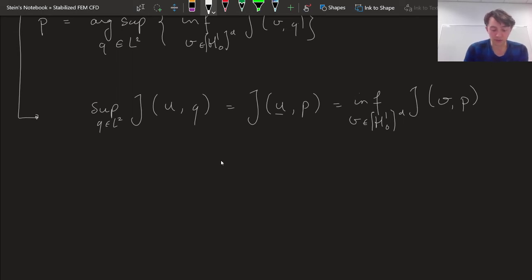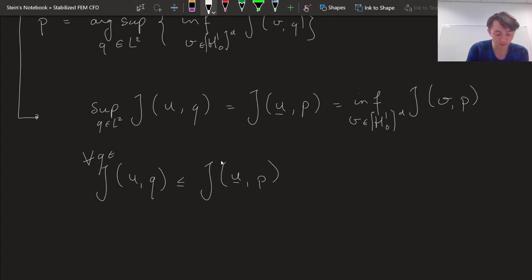And this one is pretty straightforward to rewrite. Where I have my middle statement J(u, p), if the supremum over all possible functions q is equal to that, that means that any other choice is going to be smaller than or equal to that, for all q. Similarly on the right, if the minimum value over all possible functions v is equal to this statement, then any other choice of v is going to be larger than or equal to it.